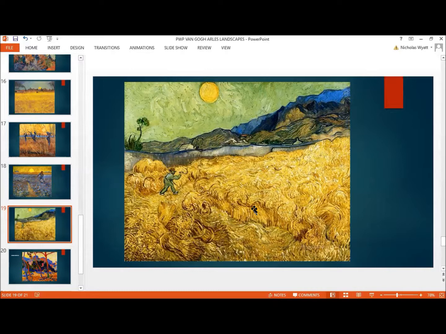And the art was to go on to influence, not unfortunately in Van Gogh's lifetime, although he was known amongst the painting community in France, but it went on to far greater recognition within about a decade after his death.